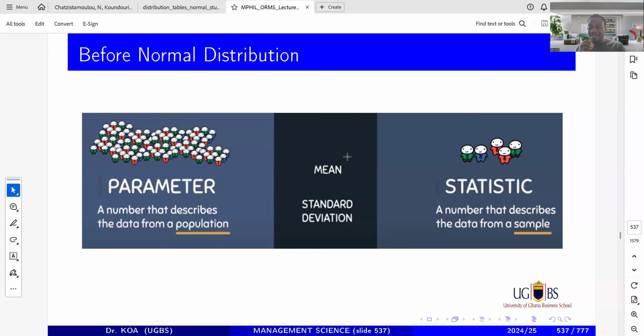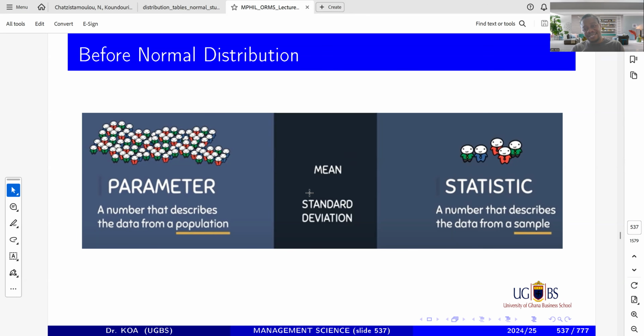So when I pick the mean from the population, that mean becomes a population parameter. But when I pick it from a sample, it becomes a statistic.